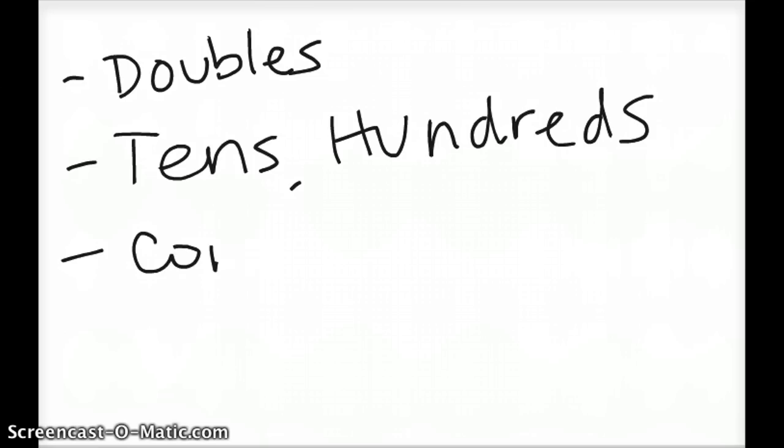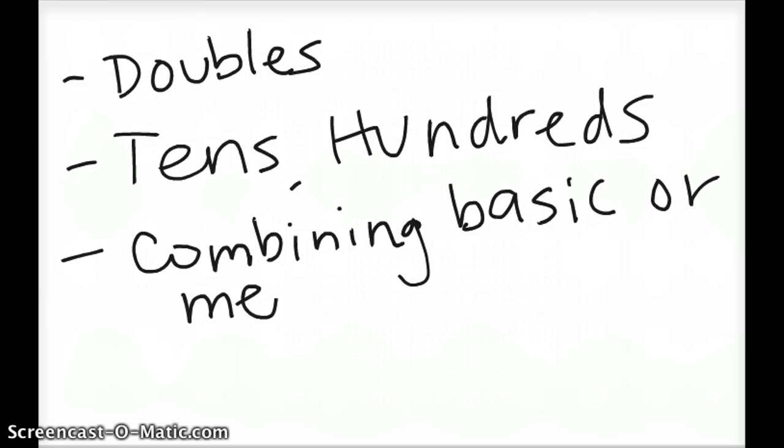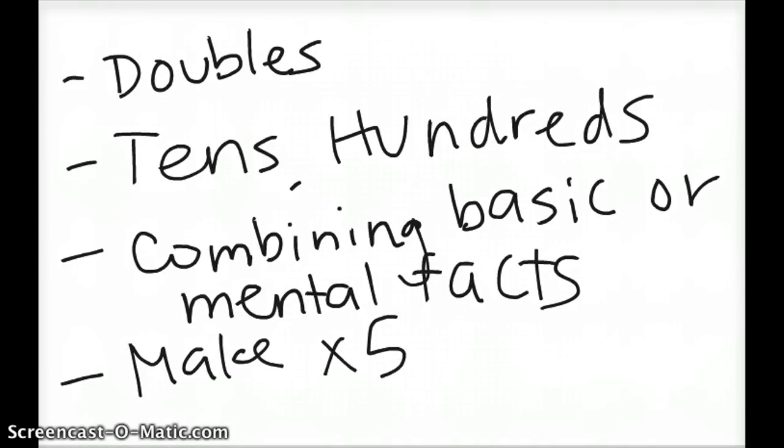And then combining your basic or mental facts, like knowing your doubles and then adding one more to make times 3. And lastly, I'm always going to encourage you to use your tens to make multiplication facts times 5 by cutting the answer in half.